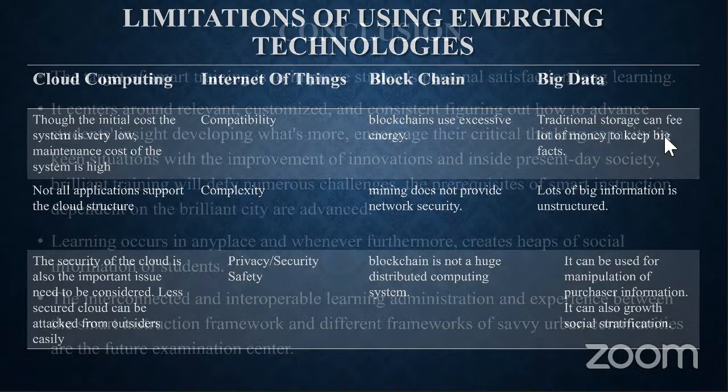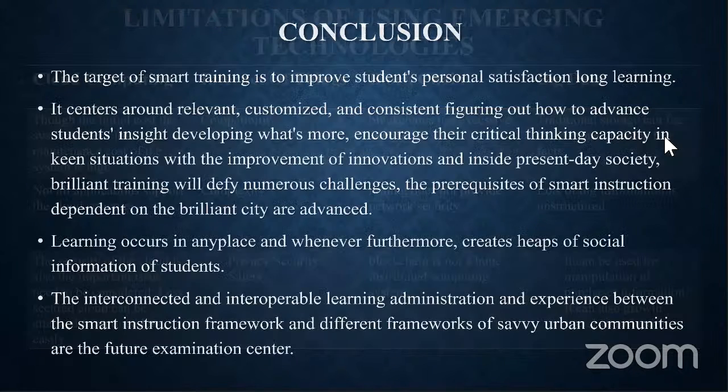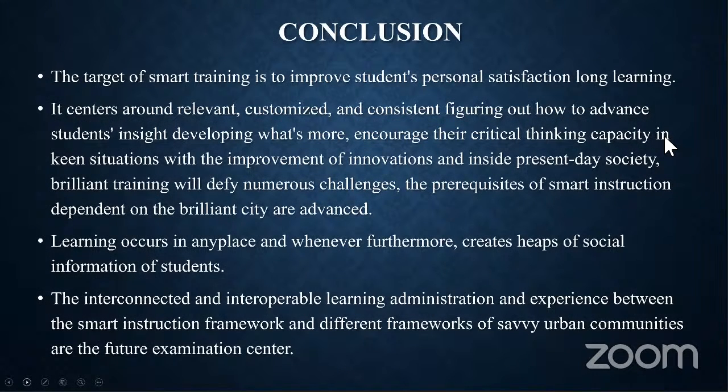Conclusion. The target of smart education is to improve students' personal satisfaction and lifelong learning, with learning occurring in any place and at any time. Furthermore, it creates heaps of social information of students, and the interconnected and interoperable learning and administration and experience between the smart education framework and other frameworks of smart cities are the further research centers.